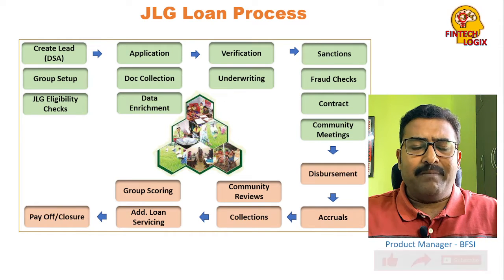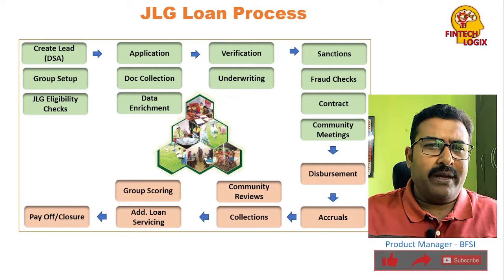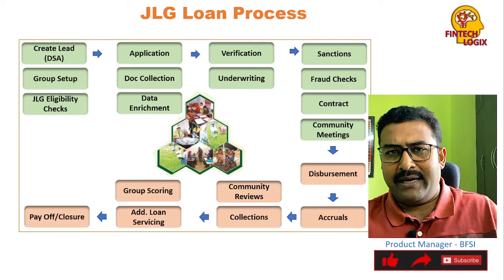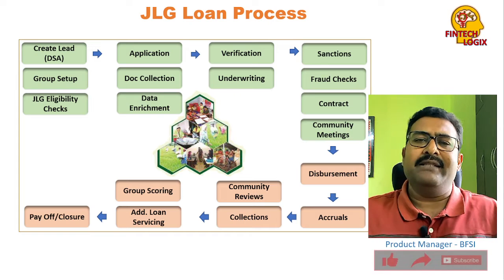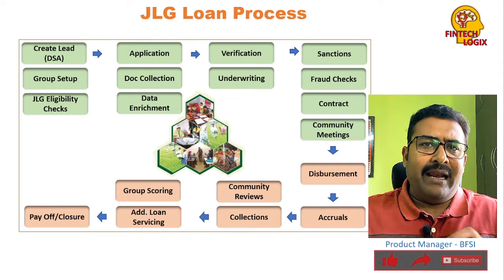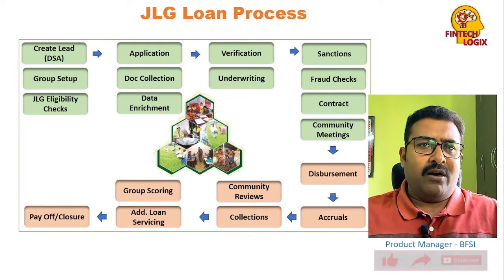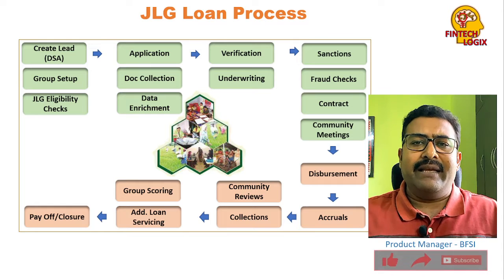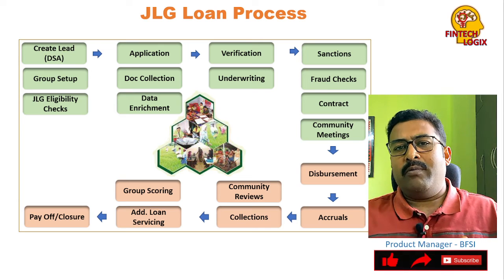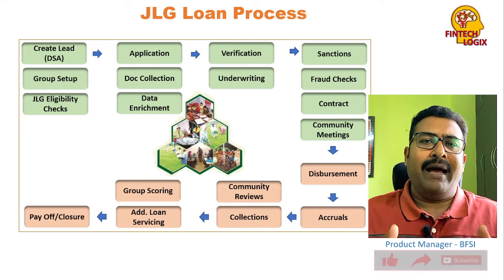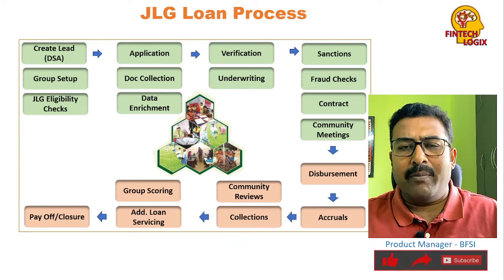Now once the lead is received by the lender, a group is created. So normally this is created in the system with all the members' basic details, and an eligibility check is done to identify if a JLG loan can be extended to the group, because we know that JLG loan has some eligibility criteria of close proximity and even similar economic state.